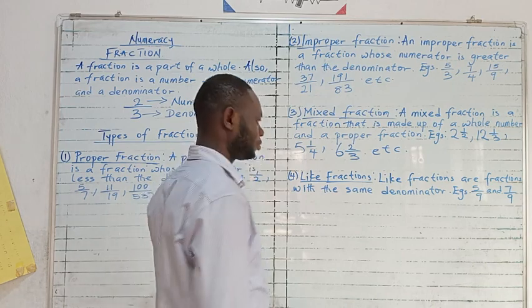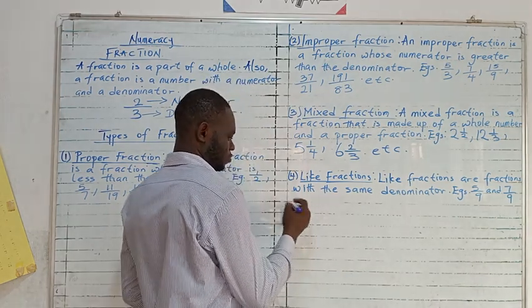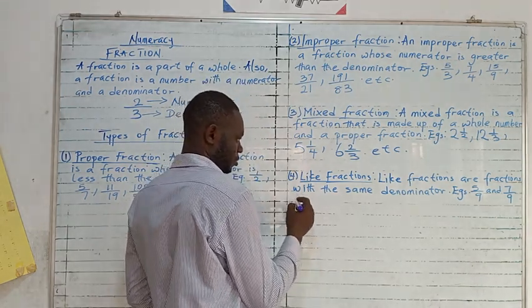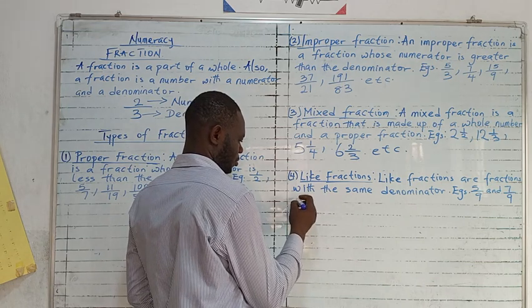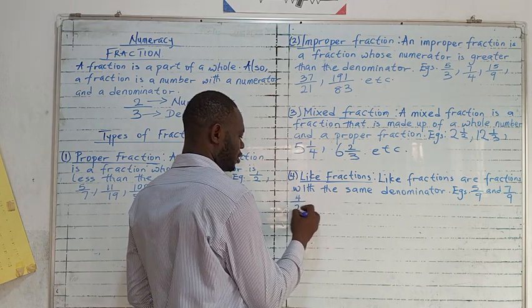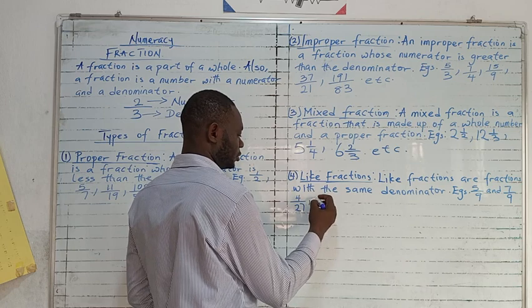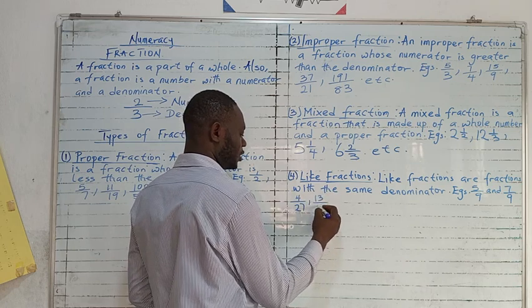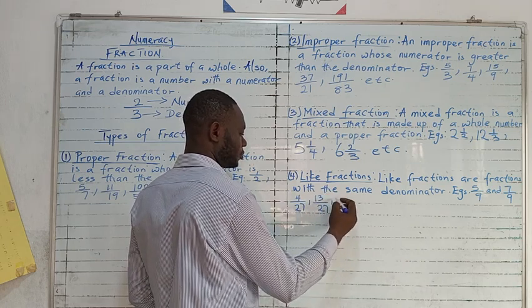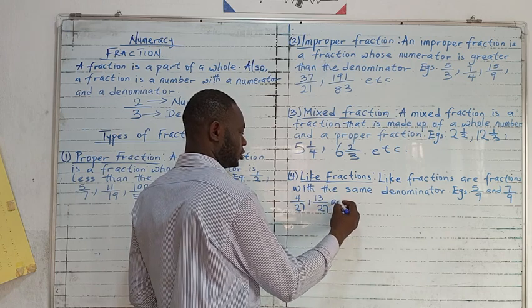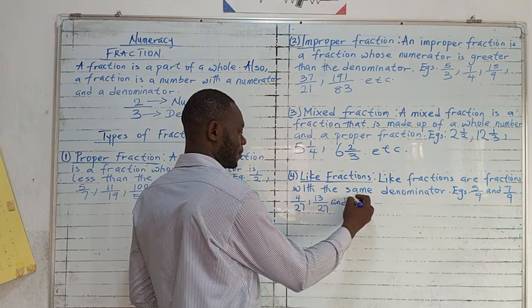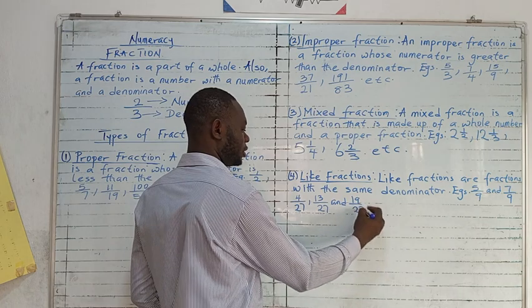Alright? 4 over 27, 13 over 27, and 19 over 27.